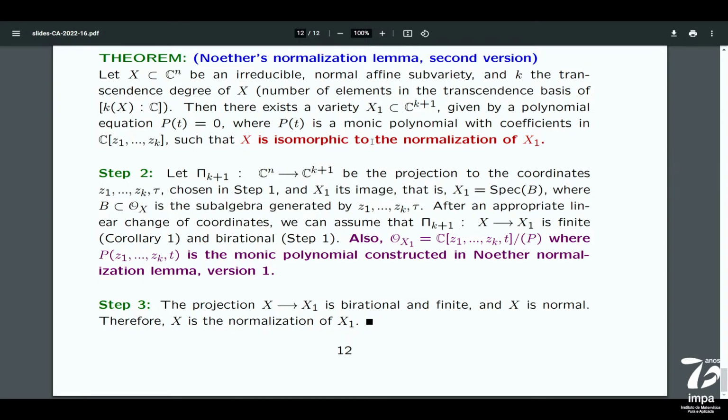Let me explain how it is used. You want to represent your variety by something that makes sense, which you can describe.